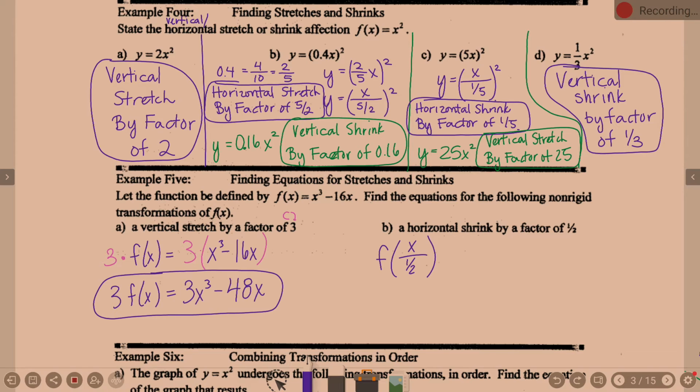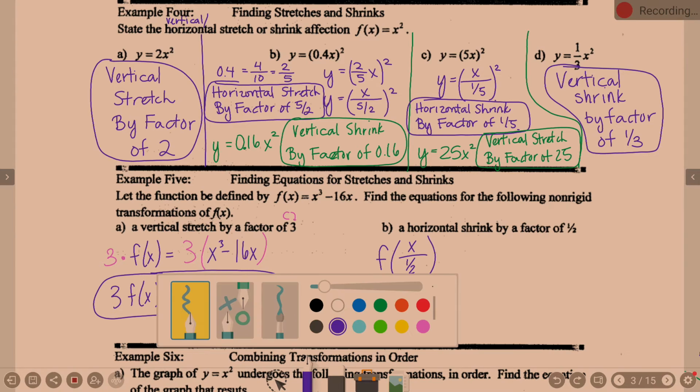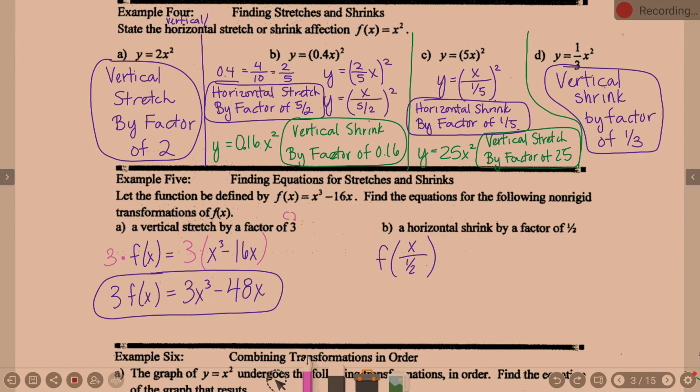Now, x divided by 1/2. I already heard the can we use a decimal, but pause that thought, because if I'm having to divide by 1/2, that's going to get ugly quickly. So think about your basic math skills here, guys. What do I know about x divided by 1/2?